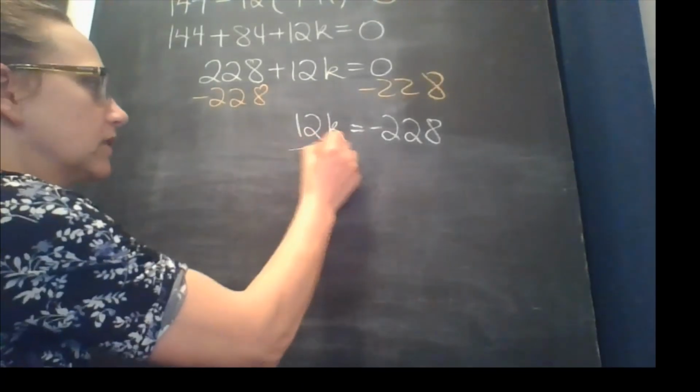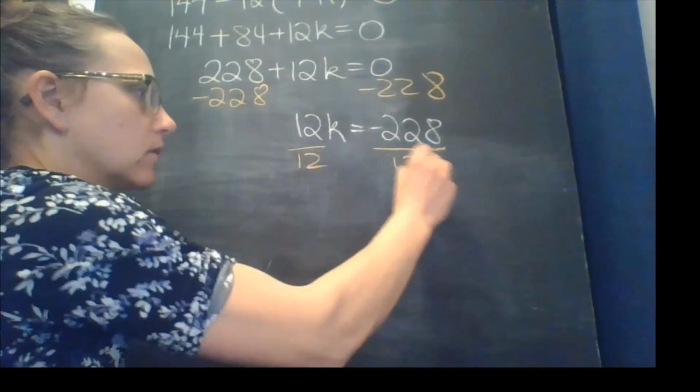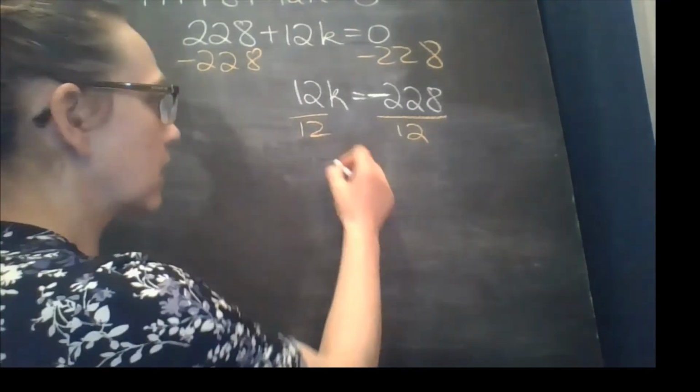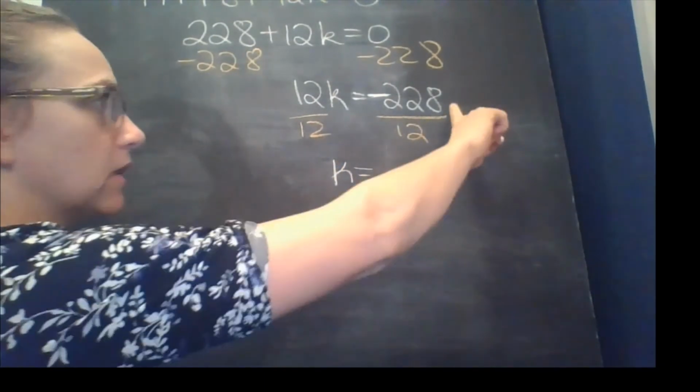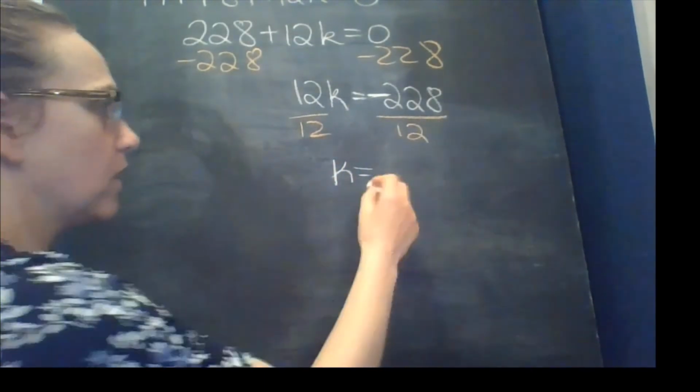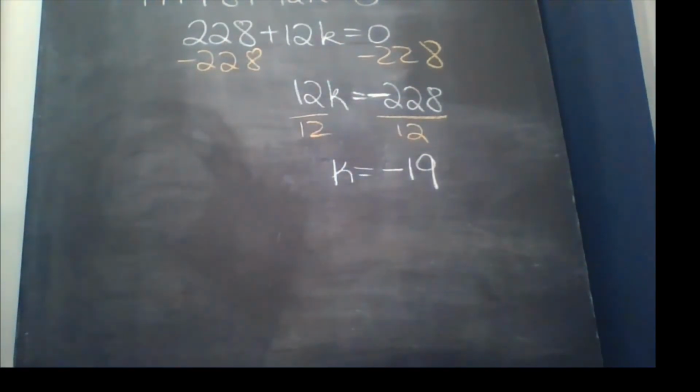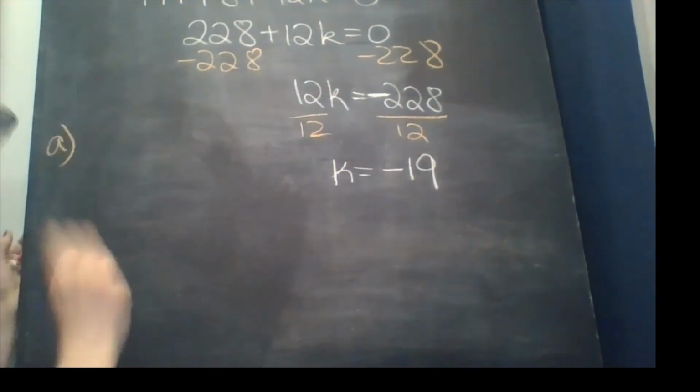Let's divide both sides by 12. To finish it off, we know that k is equal to negative 228 divided by 12, which gives me negative 19. So now we've solved. All that's left is interpreting.